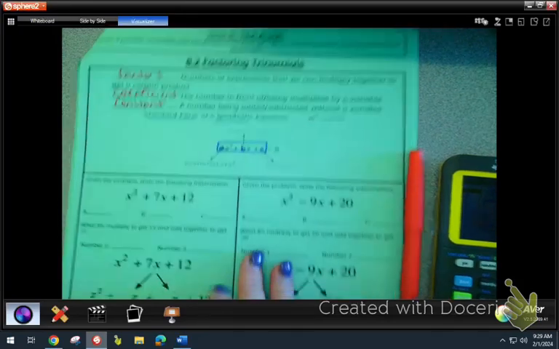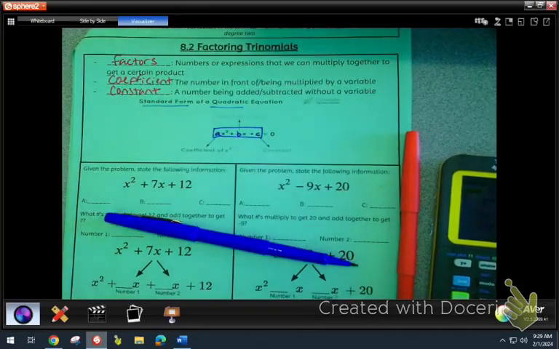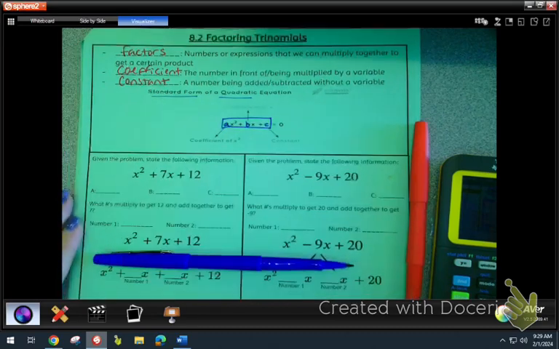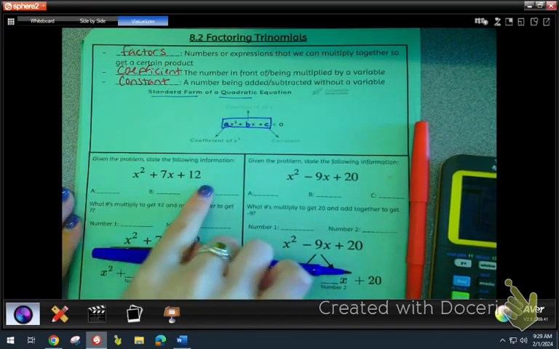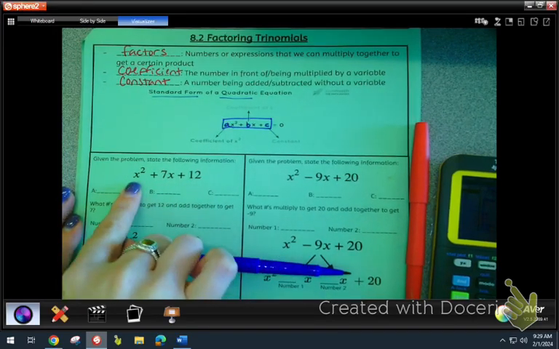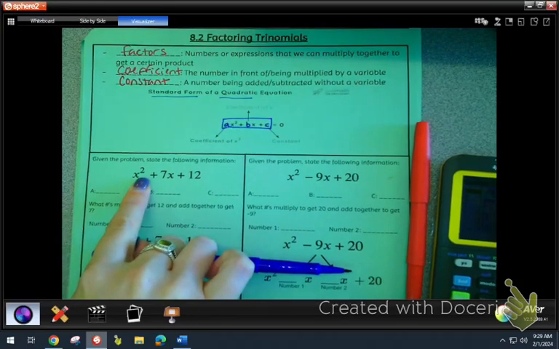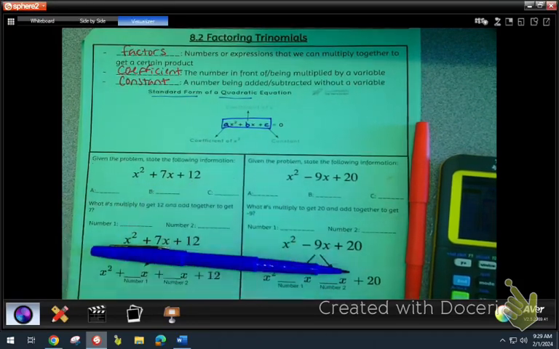So here's the problem, and here's the big to-do that we're going to be working on for the next few days. Most of the time, we're going to be dealing with what kind of polynomials? What are 3 terms? What are those called? Trinomials, okay? Now, last class, we did all that factoring, but we did 2 terms at a time, or we did 4 terms at a time, and we grouped them.